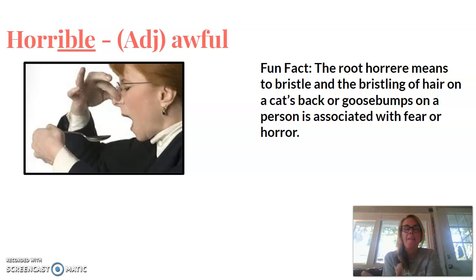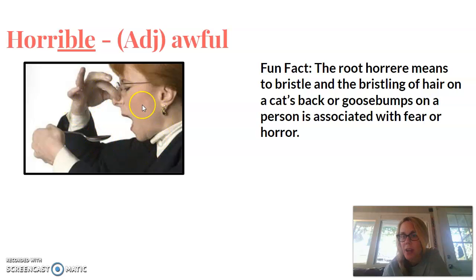Our first word is horrible. Say horrible. The suffix is ible. Horrible is an adjective that means awful. For example, in the picture, the woman is plugging her nose and about to taste something that looks awful or seems awful because she's plugging her nose.